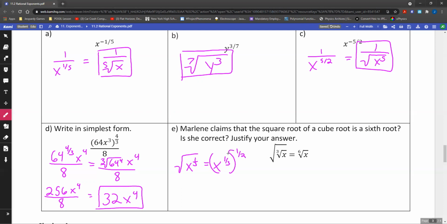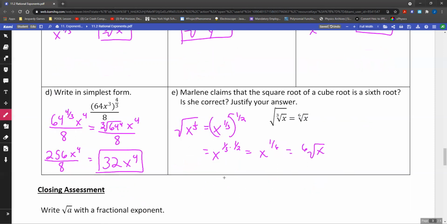Then when we move the exponent to simplify, we bring it in, we multiply 1/3 times 1/2, which gets us 1/6, which is a 6th root of x. So yes, she is right. The square root of a cube root is a 6th root.